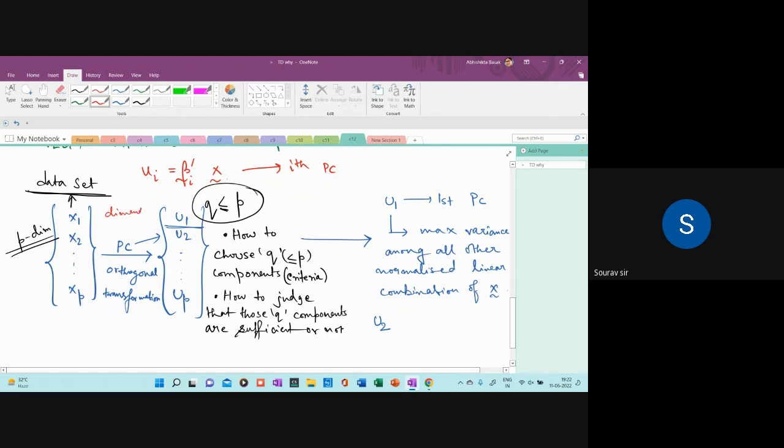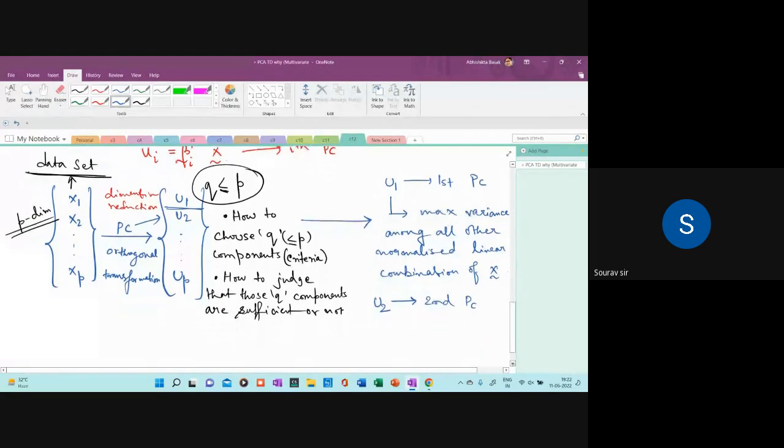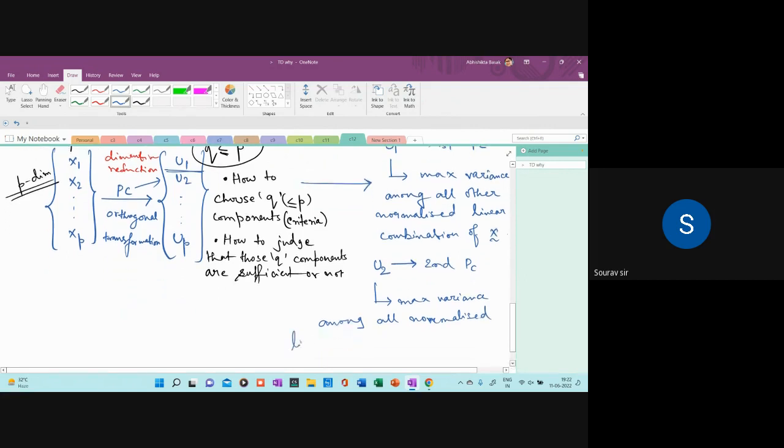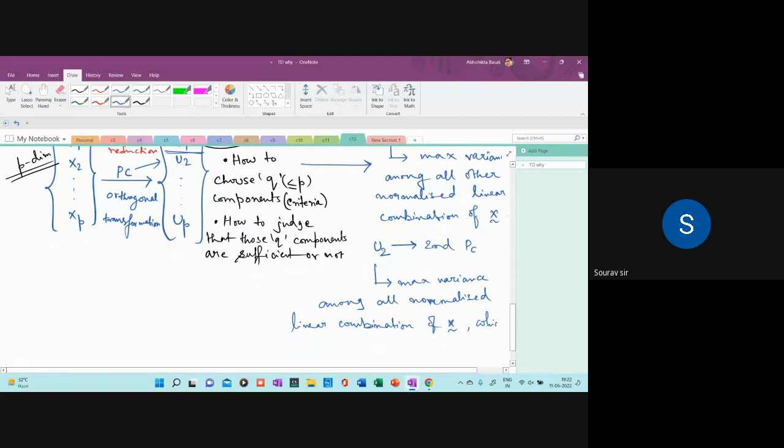So what will be the criteria for u2? u2 is my second principal component. u2 should also have the max variance among all normalized linear combinations of x curl which are uncorrelated with u1. That point is very important: uncorrelated with u1.